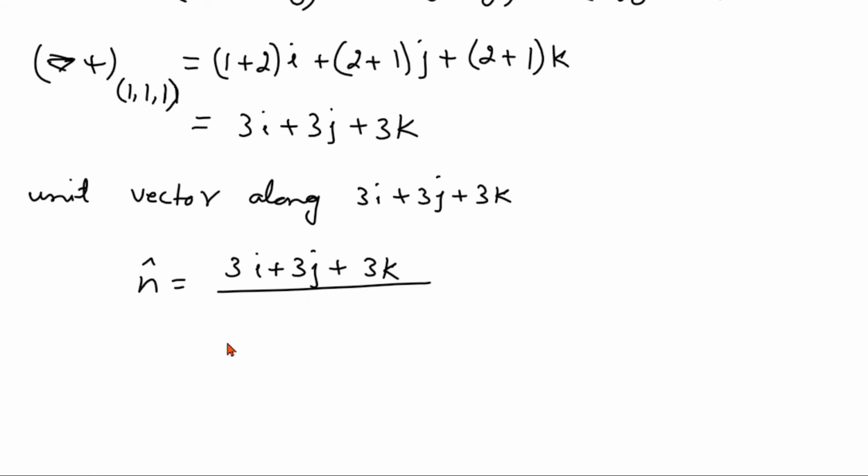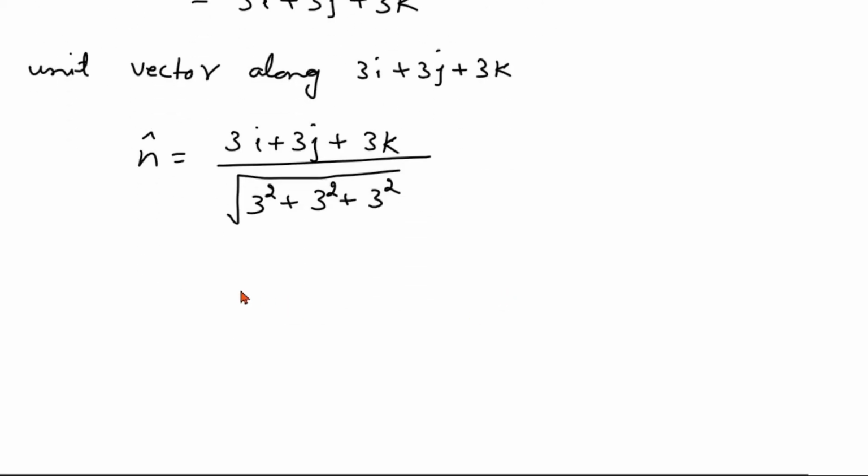The modulus of this value will be the square root of 3 square, next the coefficient of j is also 3, so 3 square, and the coefficient of k is also 3, so 3 square.